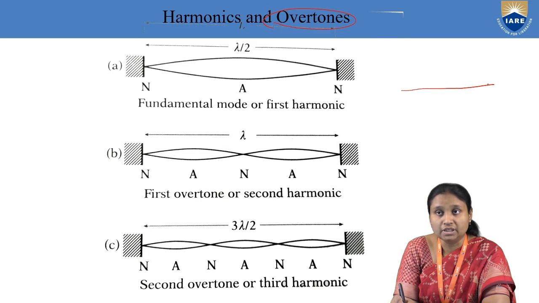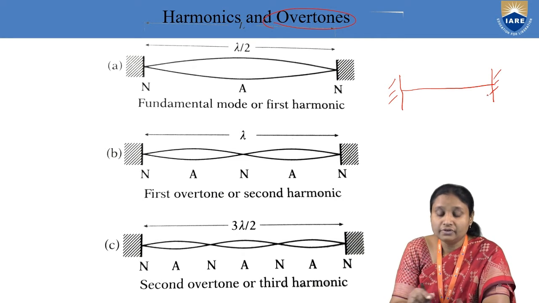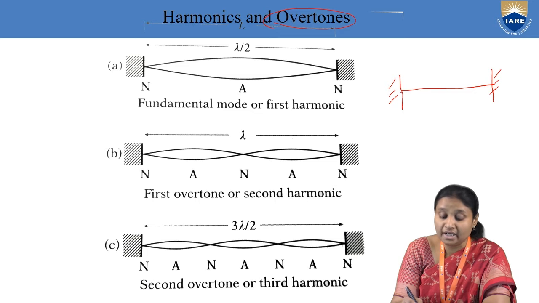So this is our string, and this particular string is fixed at two ends. Then we made a wave pass through the string, or we made this string vibrate. Then you will have propagation of the wave through this string.